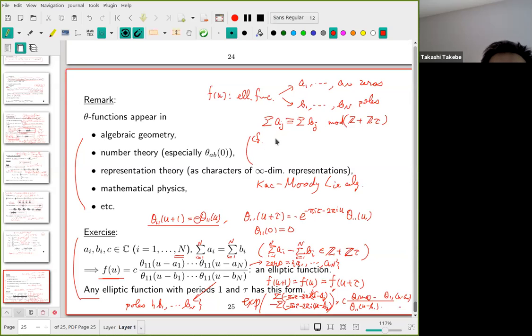On the other hand, so this is a function over elliptic curve, as we have argued. On the other hand, a meromorphic function on P1 is a rational function.